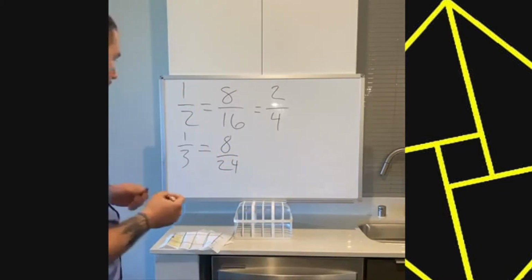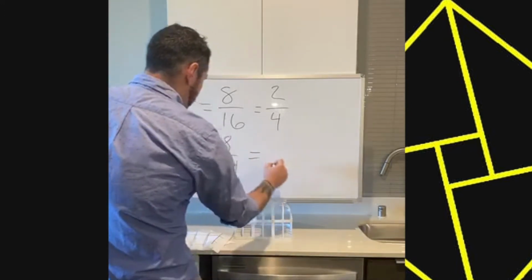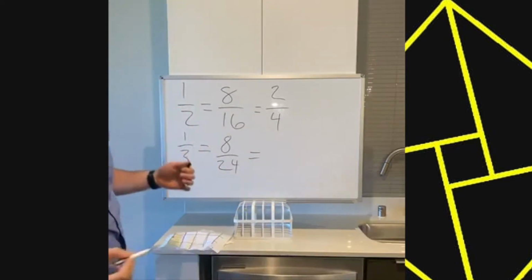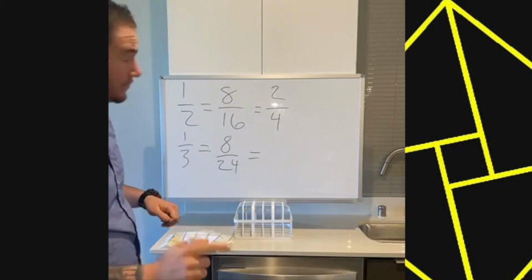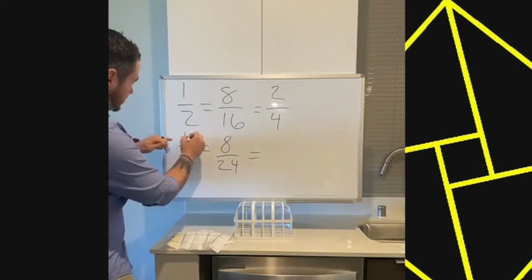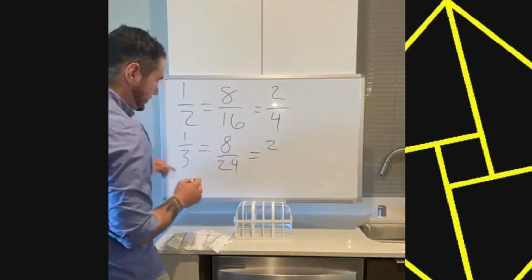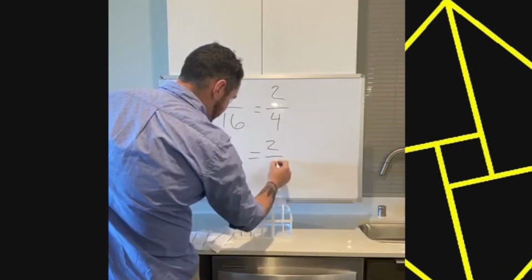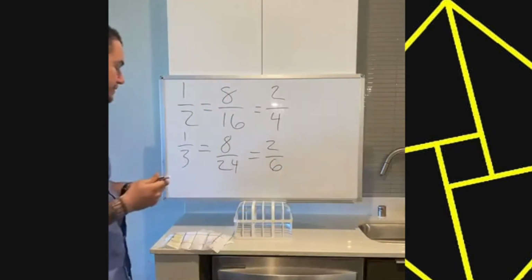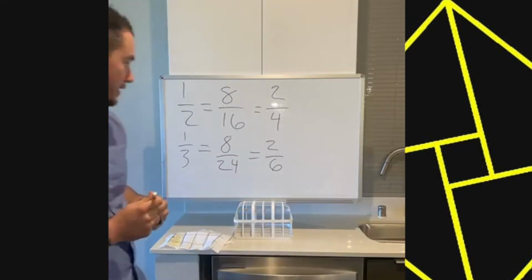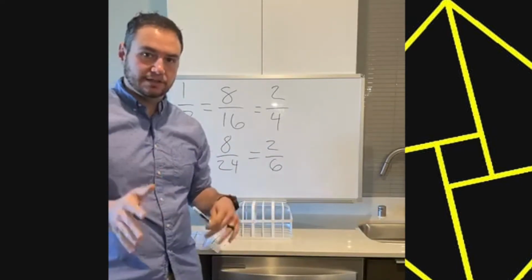Alright, and another example of 1/3, if we times it by 2 halves, which is the same as timesing by 1 whole, we'll get 1 times 2 is 2, and 3 times 2 is 6. 2/6. Alright, so those are some different ways to write the same fraction.